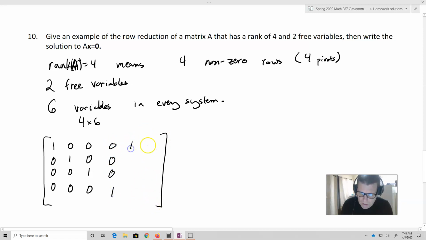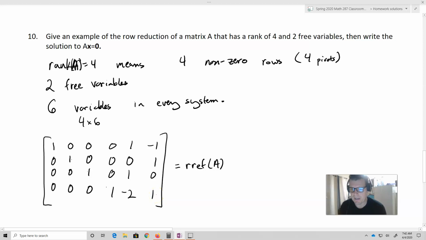Let's do 1, -1, 0, 1, 1, 0, and -2, 1. And so that's the example of the RREF of A. Let me take a look. I have 4 pivots: 1, 2, 3, 4. The rank of A is 4 because I have 4 non-zero rows, and I've got 2 free variables. Done.